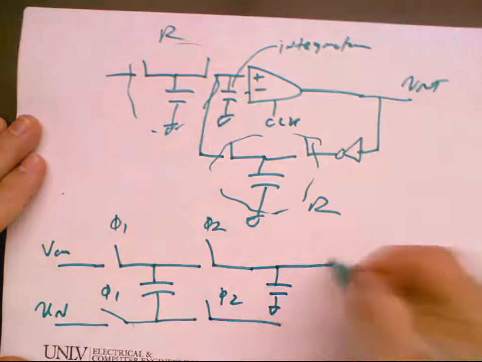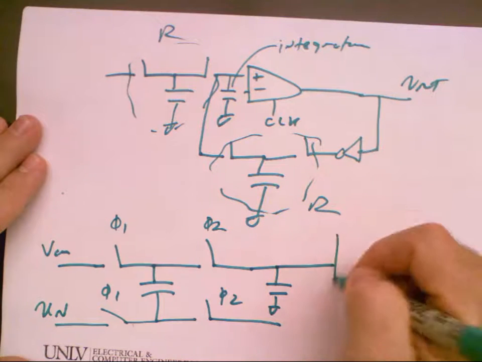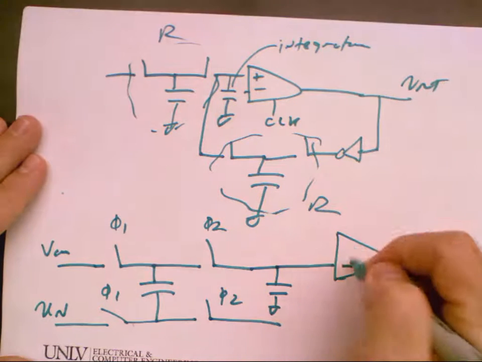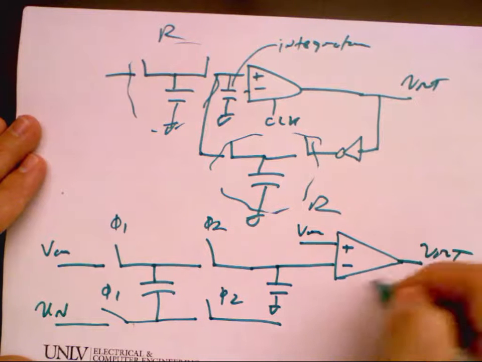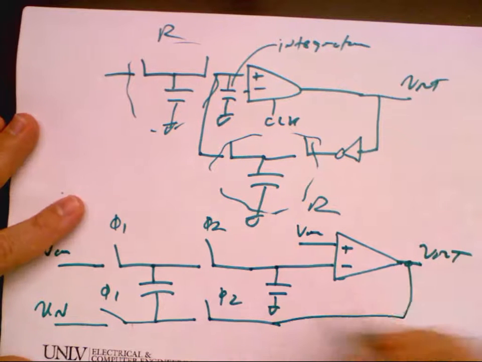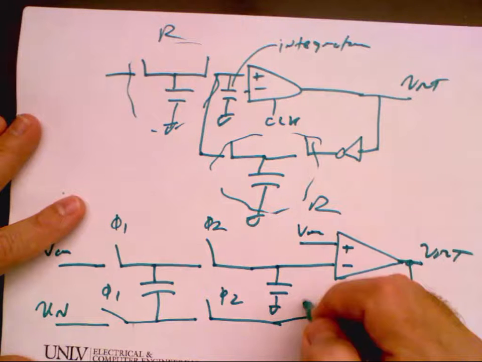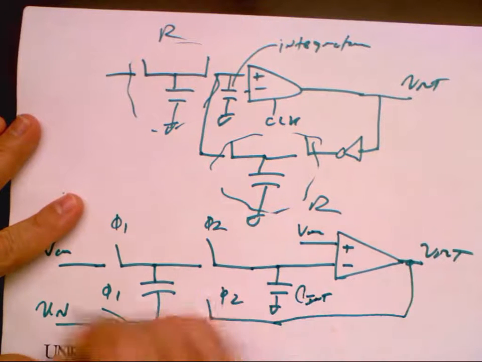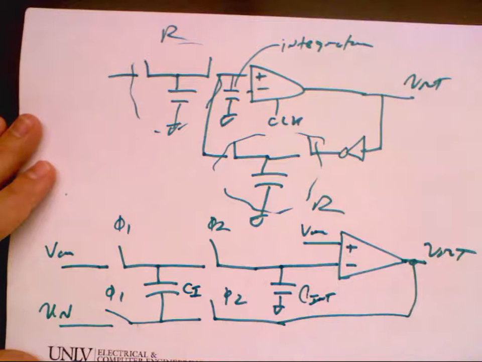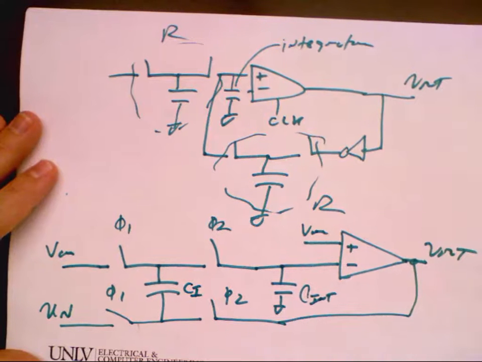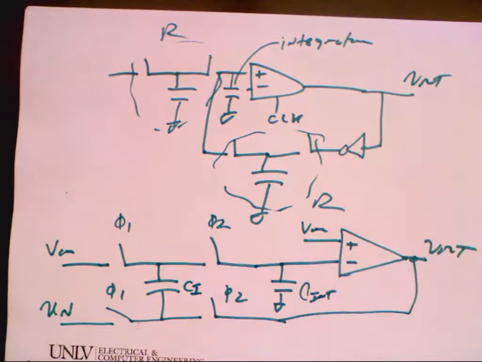And then this goes to the inverting input. Okay, so let's figure out what's going to happen here. VCM, V out, and then this is C integrator, and this one is CI. And so I want to derive the transfer function for this. So tell me how to proceed.